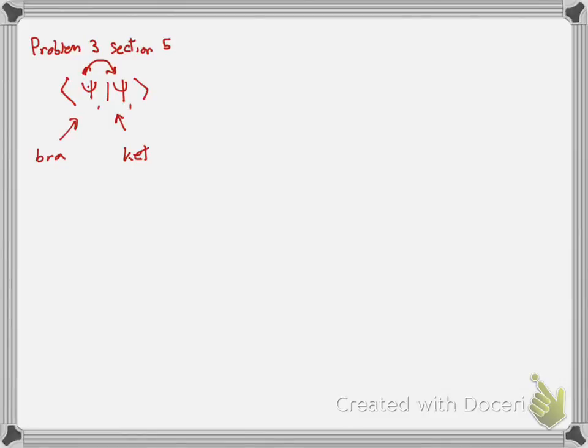So in this problem, we're told that we have some wave function that's the sum of a bunch of different wave functions multiplied by their coefficients. And this is the kind of setup we've seen before. You can go back and review it from when we were studying superposition.